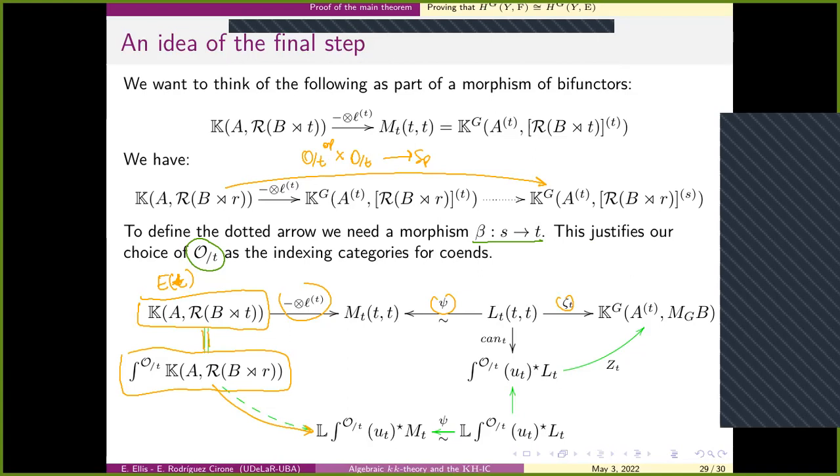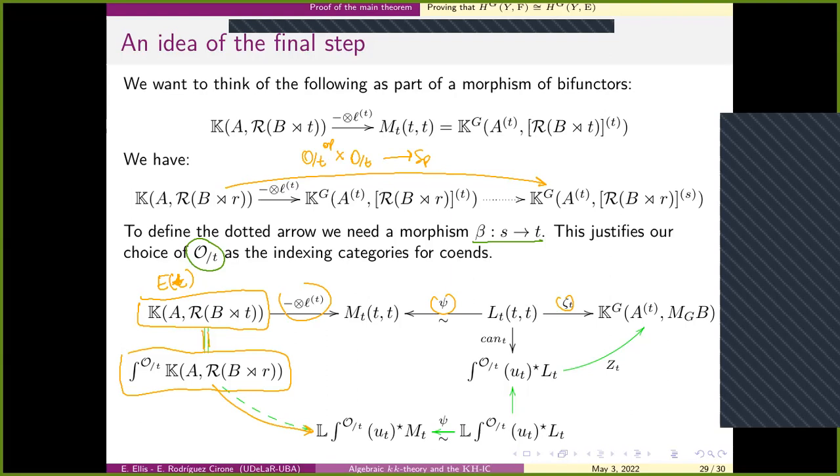If not, I'll ask about this orange map. You say it's not obvious that it is natural, but is it obvious that there is a map at all? I mean, you cannot go from the ordinary coend to its homotopy coend.